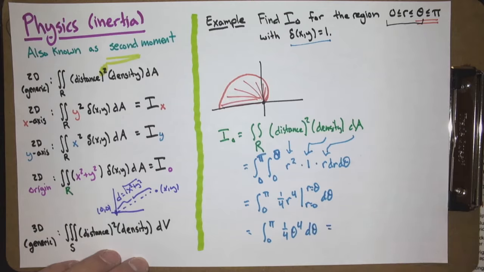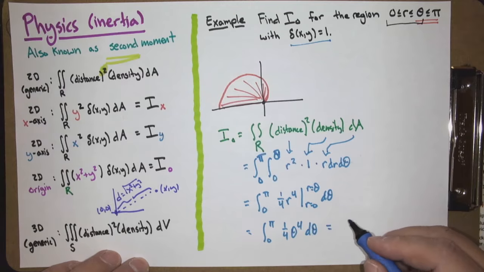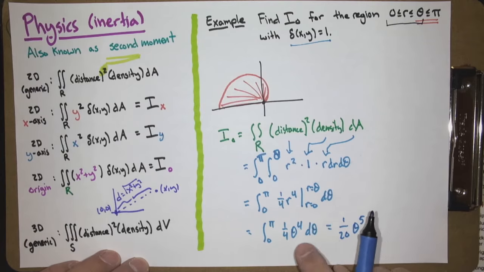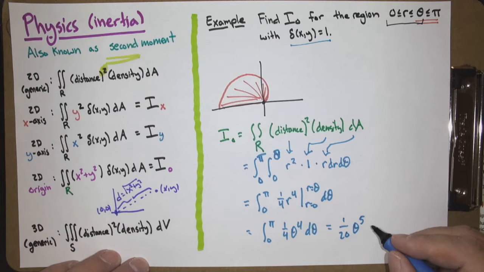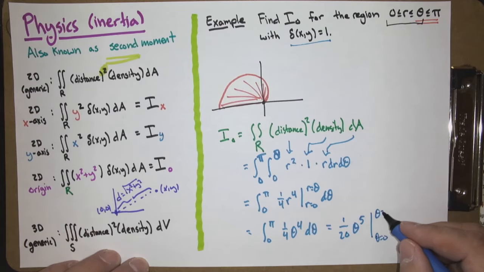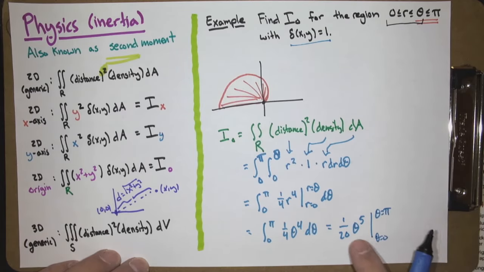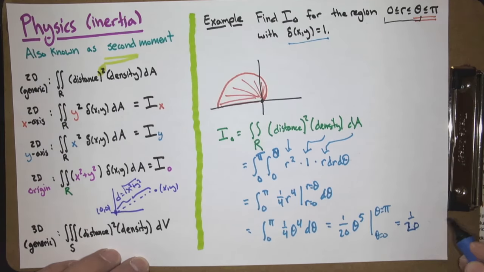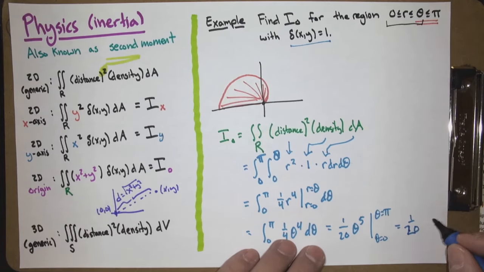What's the integral of 1/4 theta to the 4th? 1/20 theta to the 5th, right? You add 1 to the exponent, which becomes 5, and divide by that. Evaluate from theta equals 0 to theta equals pi. Well, when you plug in 0, you get 0. That's good. When you plug in pi, you get 1/20 times pi to the 5th.